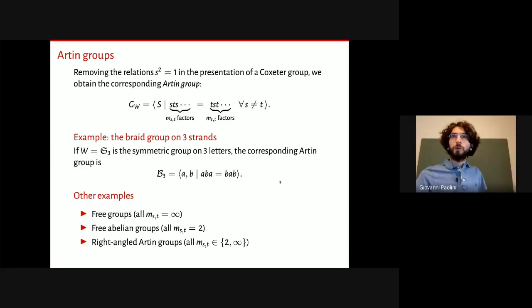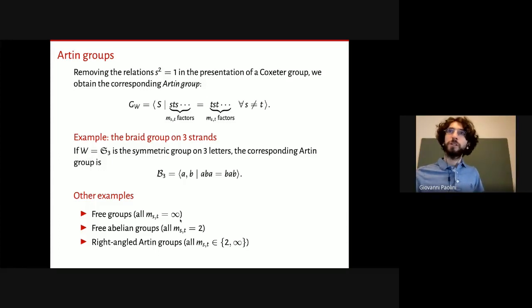This is going to be our main example throughout this talk, this braid group, but you should also know that there are many more examples of Artin groups which are also interesting. For example, finitely generated free groups are a particular case of Artin groups. They arise if there is no relation between the generators.